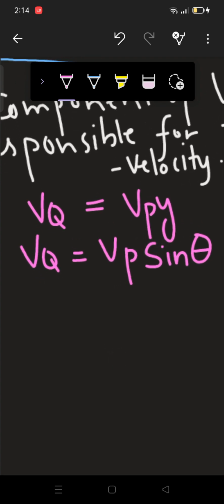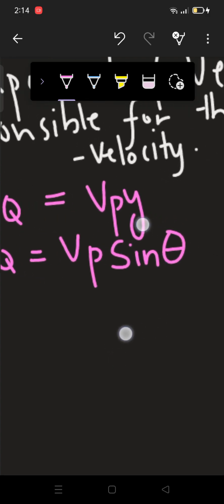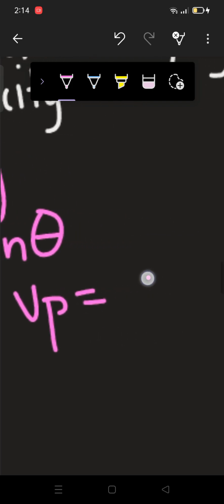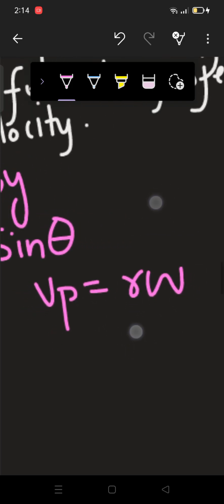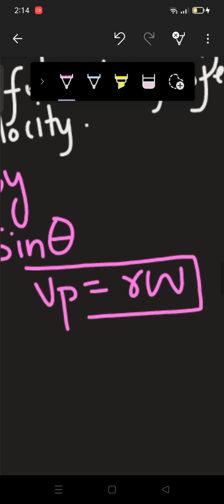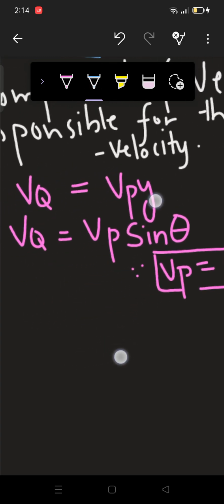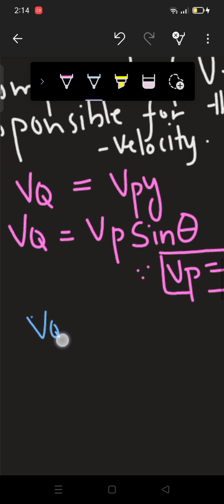So vp sine theta. Now we know that in uniform circular motion the tangential velocity is equal to r omega. So let's substitute this.